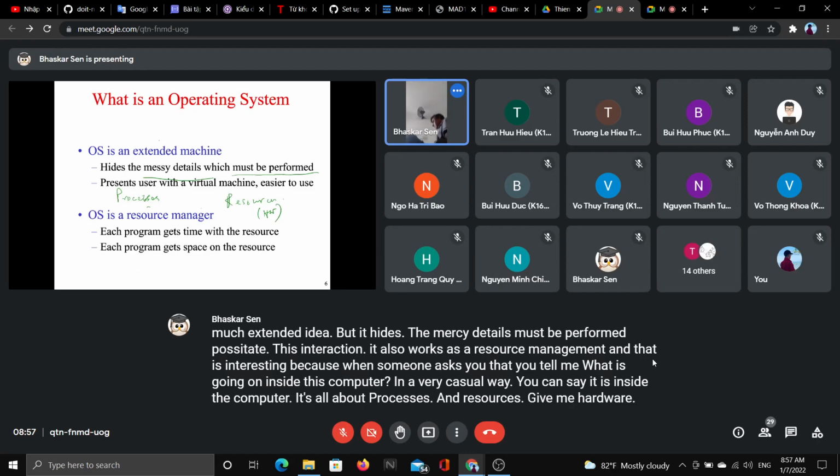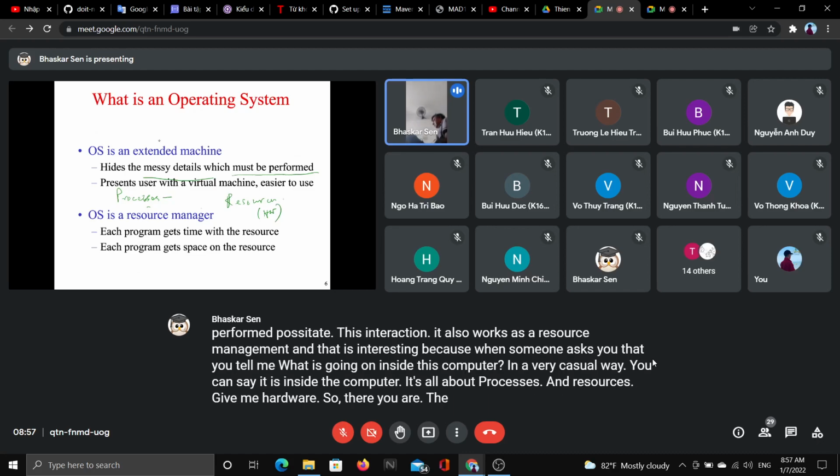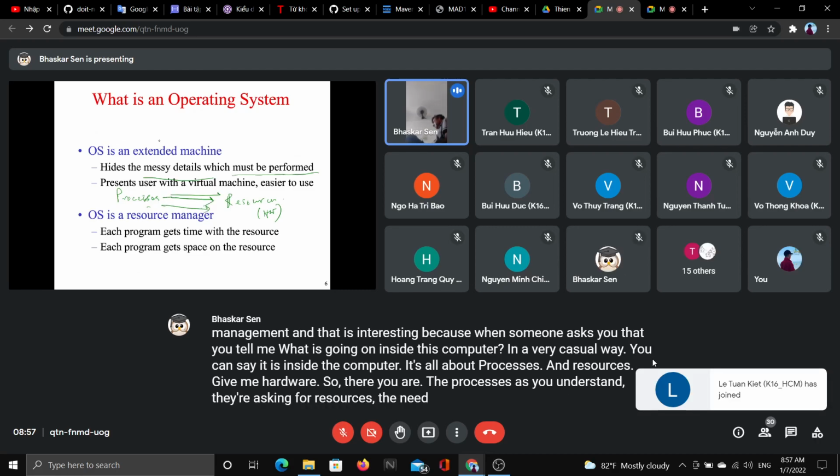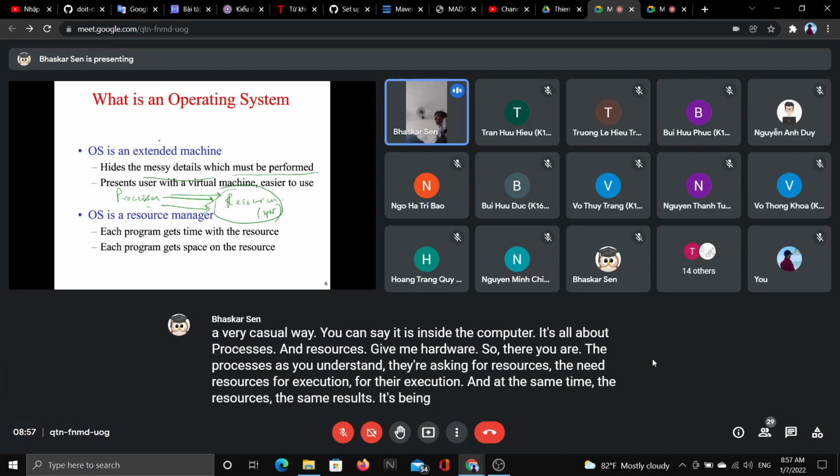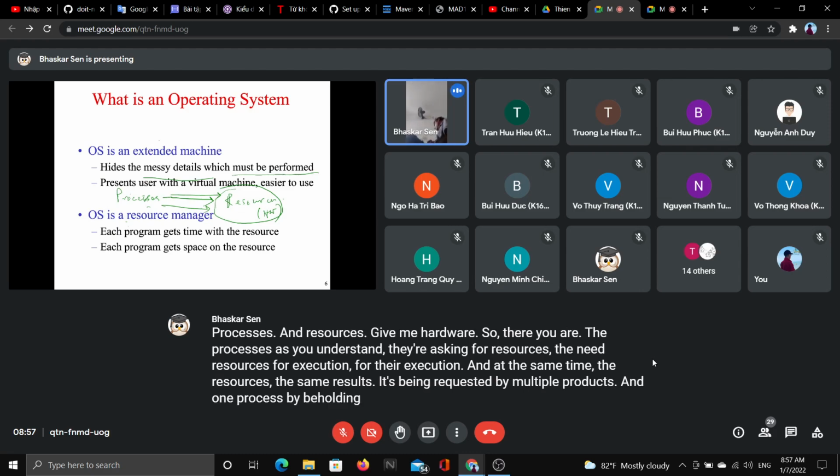So there you are. The processes, as you understand, are asking for resources, they need resources for their execution. And at the same time, the same resource is being requested by multiple processes. And one process might be holding multiple resources at the same time.